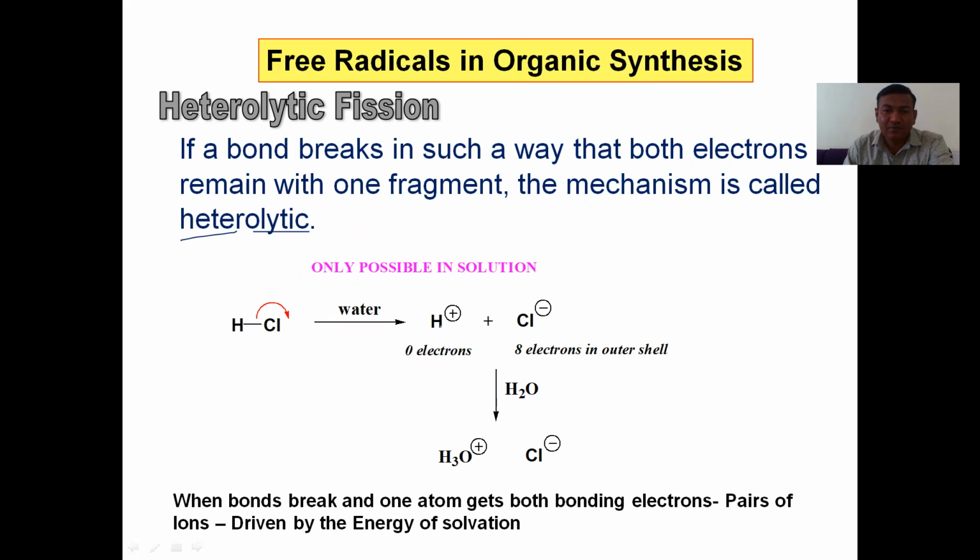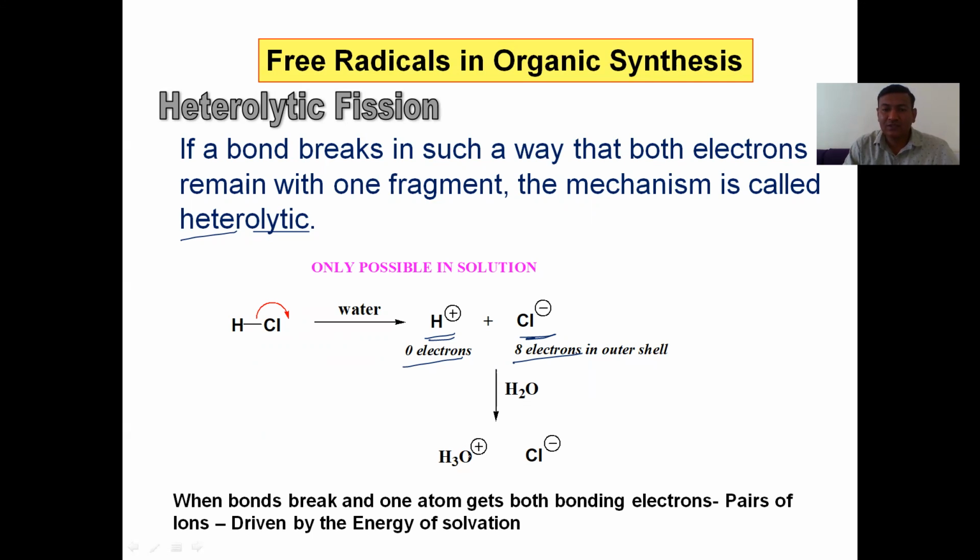H will become positively charged and chlorine will become negatively charged. How many electrons will remain with hydrogen? Zero electrons. Chlorine will gain 1 electron, so in the outer shell chlorine will have 8 electrons. With the help of water, both will stabilize.